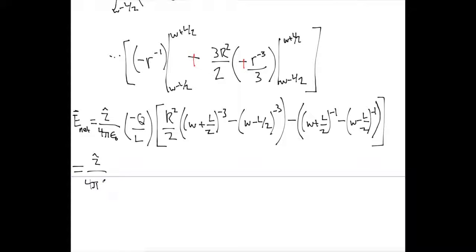So I'll copy down what we have. Most of it's the same except for that last part.